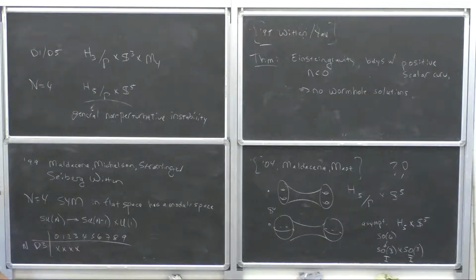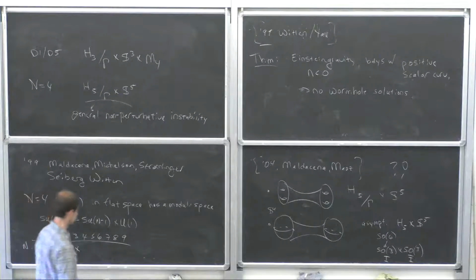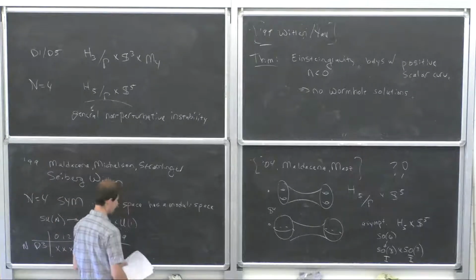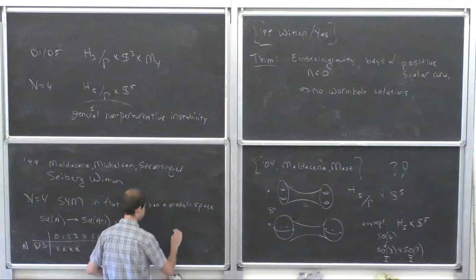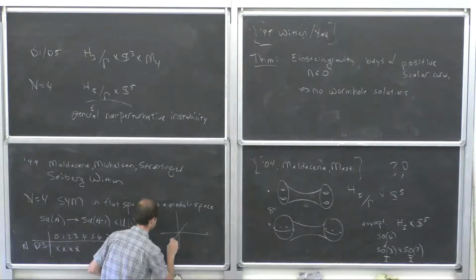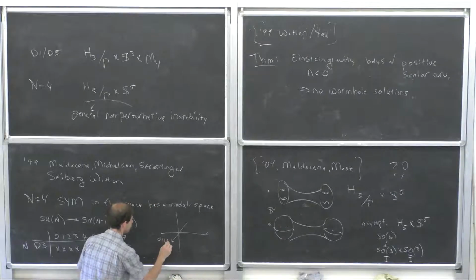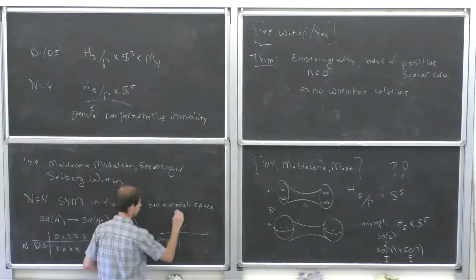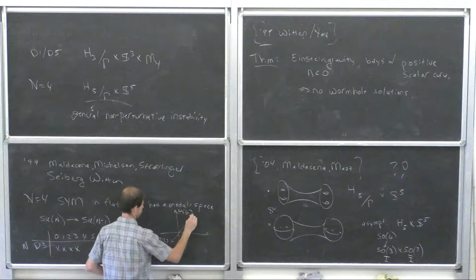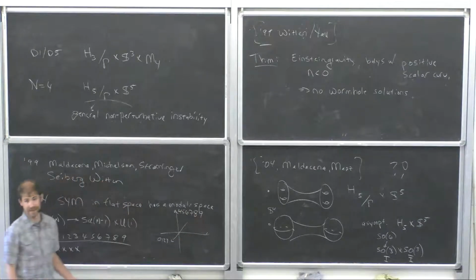Everything else is space. These are D3 branes, and the x's denote which directions they're extended in. This is in 10-dimensional flat space. So you could draw a picture, say, let those denote 0, 1, 2, 3, and then the other directions schematically 4, 5, 6, 7, 8, 9.